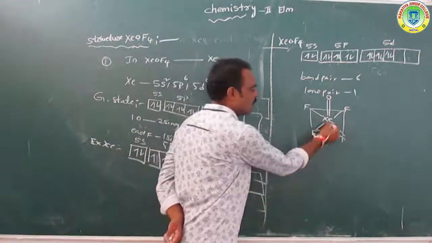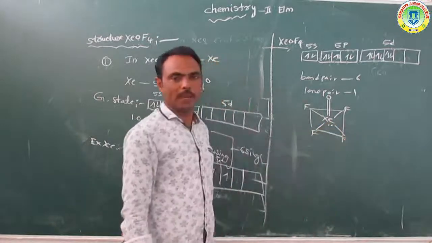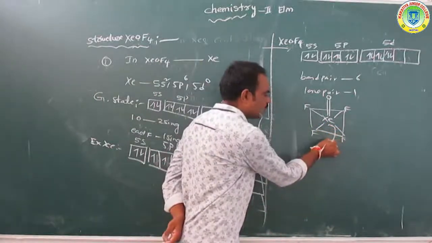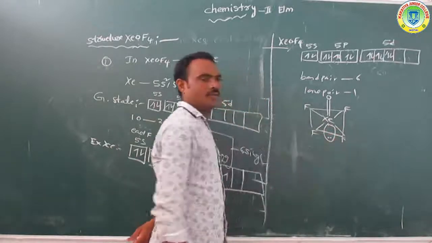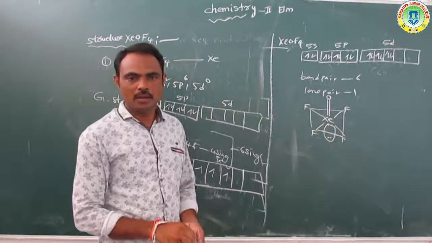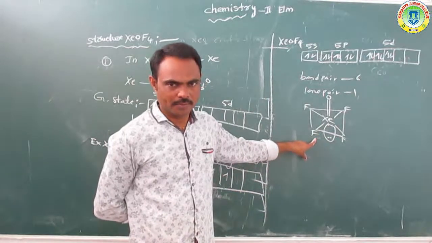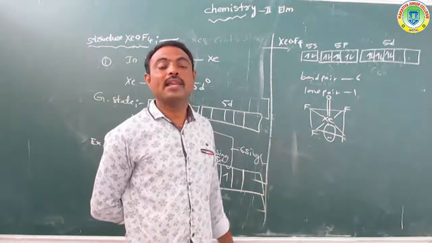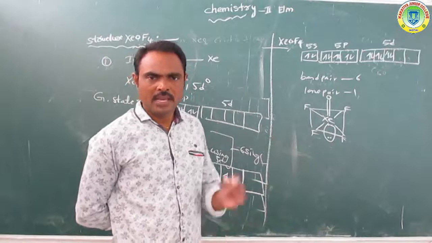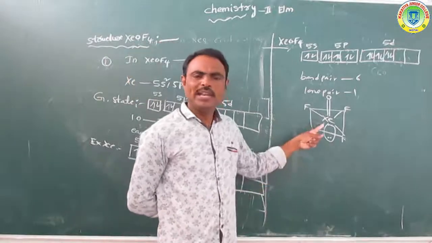It contains 1 lone pair, which we indicate with the orbital. So it is a square pyramidal structure.